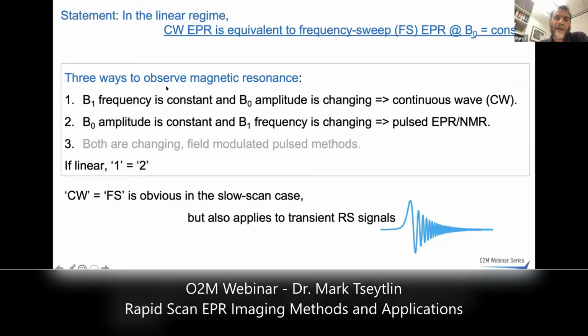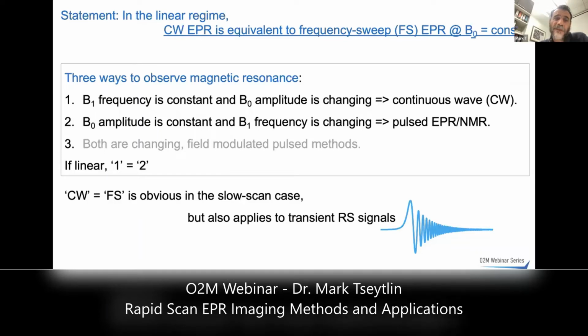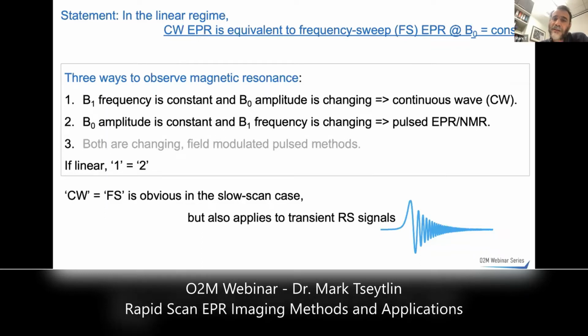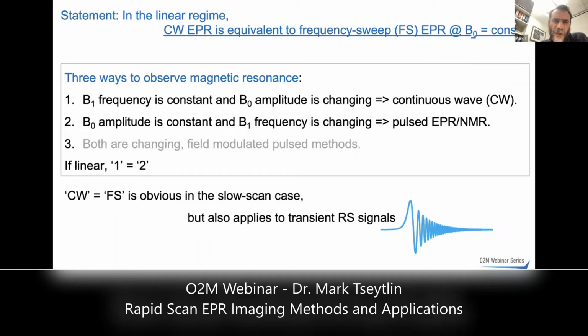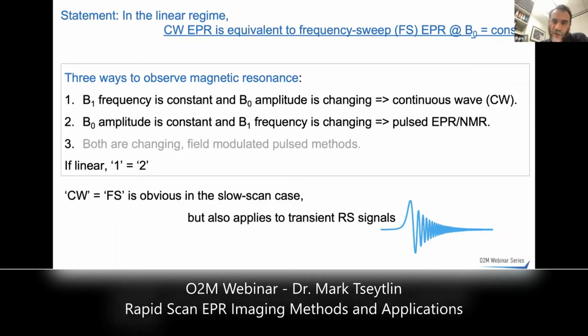But at this point, I want to make a statement and explain it later: in the linear regime, CW EPR is mathematically equivalent to frequency sweep EPR. So if you change your field at constant frequency, or you change your frequency at constant field, these two situations are mathematically equivalent.